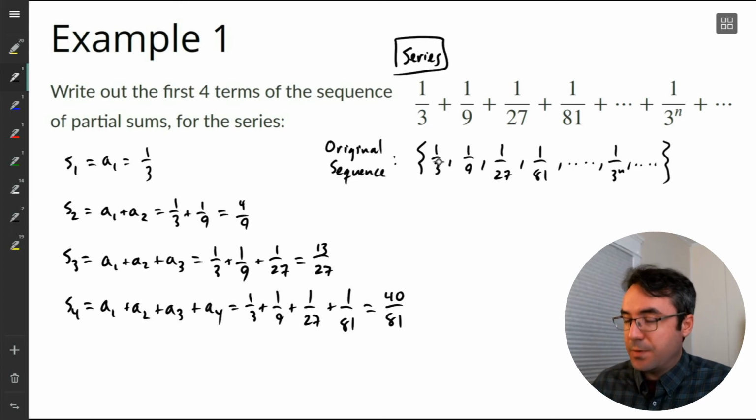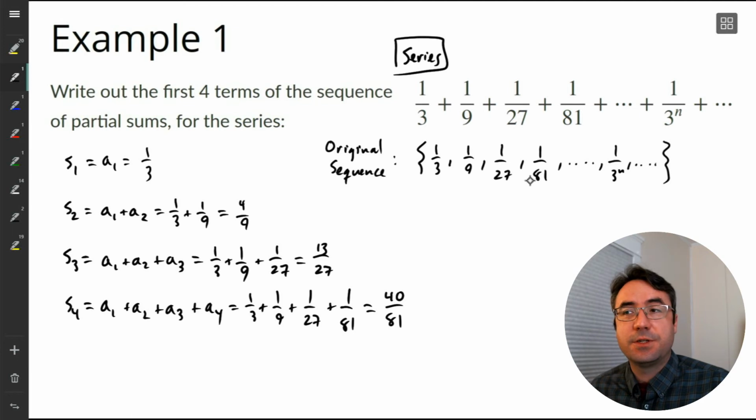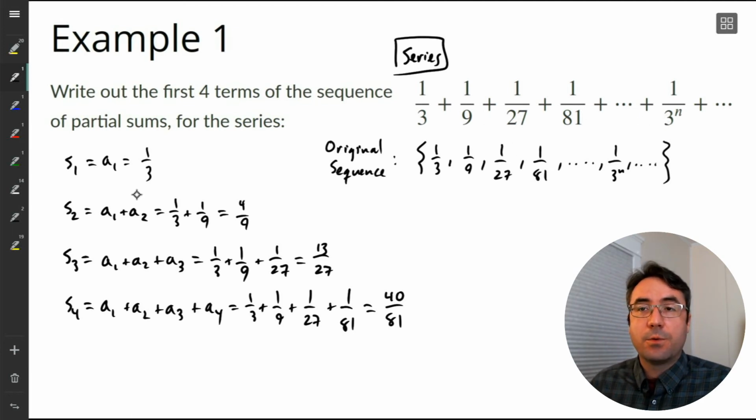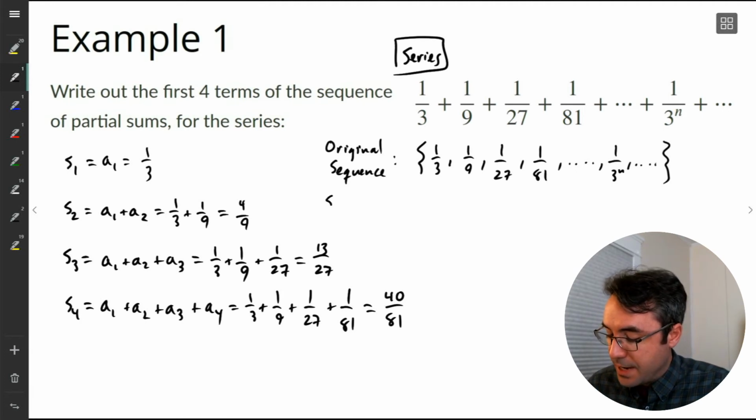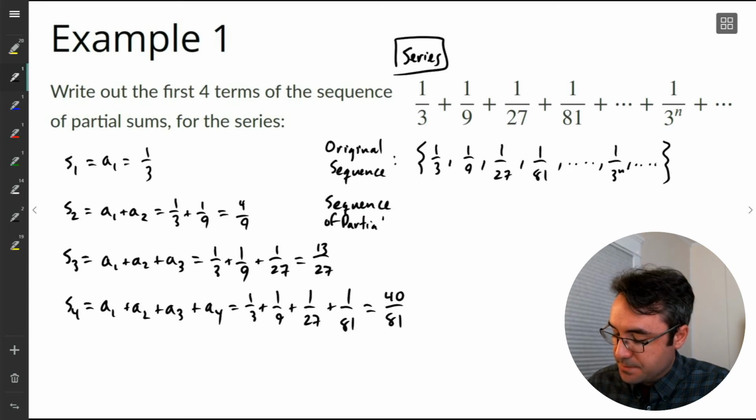So the series is when we take all those terms in our original sequence and we try adding them all together. What we're doing here with these partial sums is we're producing a brand new sequence, and we call this the sequence of partial sums.